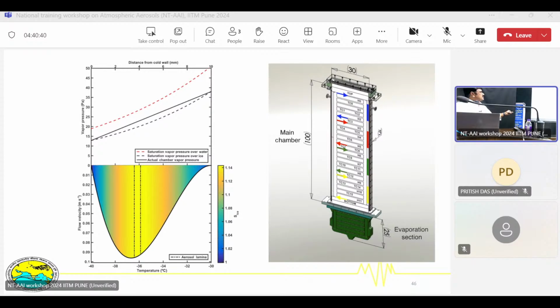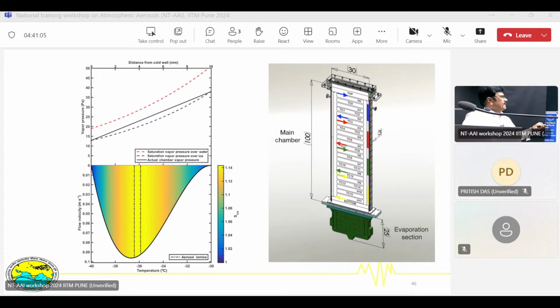Here the aerosol laminar flow will be there, through which the aerosol samples will go, and you can get how many particles get nucleated, because you are giving a very high supersaturation.